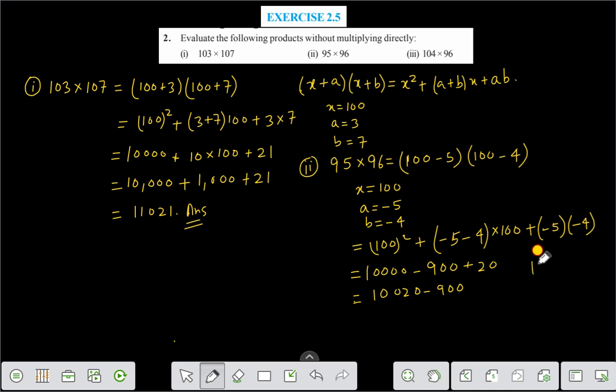Subtracting, we get 9,120. This is the answer of question number 2.